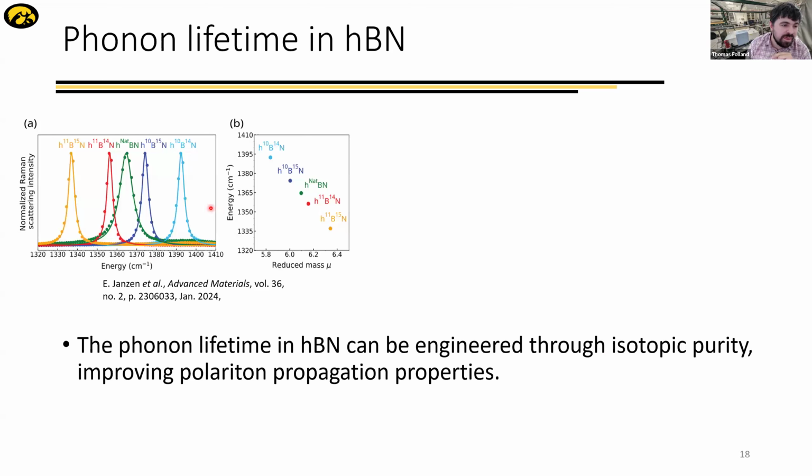If you look at the phonon energy, this time extracted through Raman, if you use the lightest combination of boron and nitrogen, so boron 10, nitrogen 14, you have your phonon energy around 1394 wave numbers. But if you go to the heaviest elements, so boron 11 and nitrogen 15, you can tune this all the way, by almost 5, 6, 7%, down to about 1335. And this actually changes the properties of the polaritons.